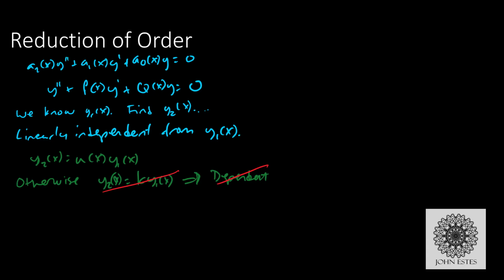So what we'll do from there is let y equal u y1. If that's the case, then y prime is u y1 prime plus u prime y1, from the product rule. And y double prime is the second derivative. So we'd have u y1 double prime plus u prime y1 prime, which is the product rule on the first expression.